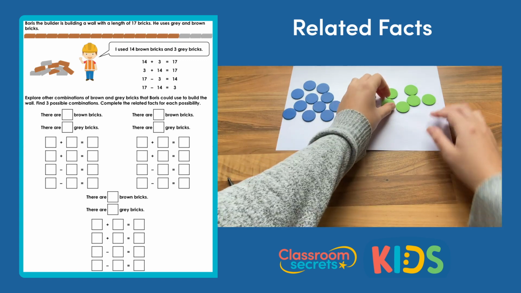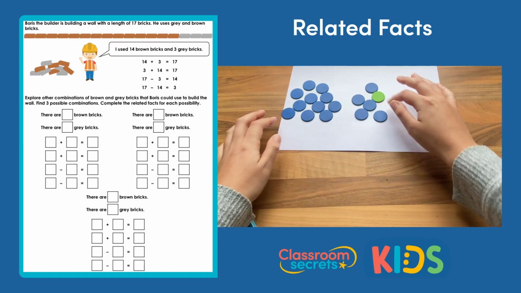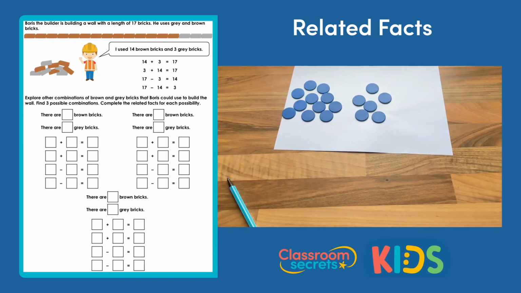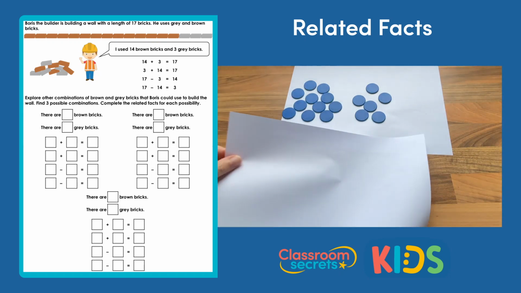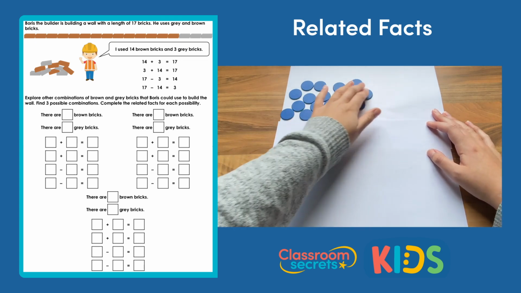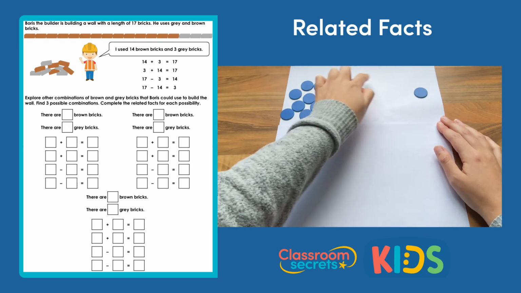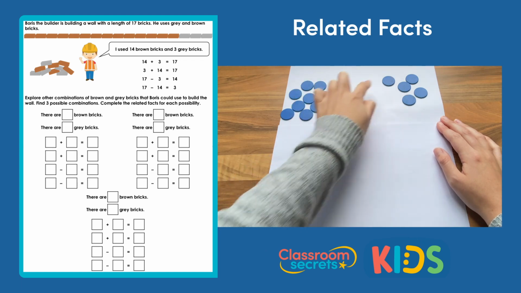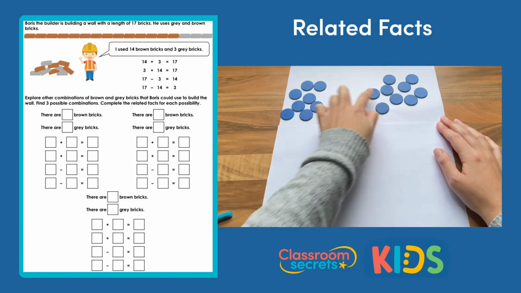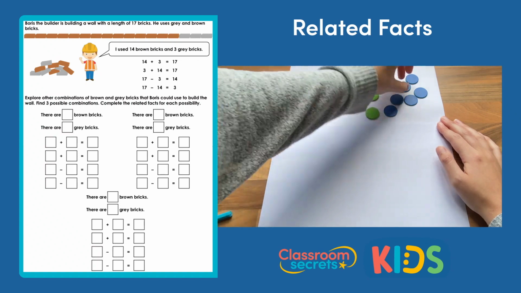So to work out other answers then, all you need to do is split your 17 up in different ways. So let's just do one more. Okay. So I've put my parts back together to make my whole 17. This time I'm just going to move another random amount across. I'm going to move across 10. 1, 2, 3, 4, 5, 6, 7, 8, 9, 10. And I'll turn them because they're double-sided so I can see the difference in colour.